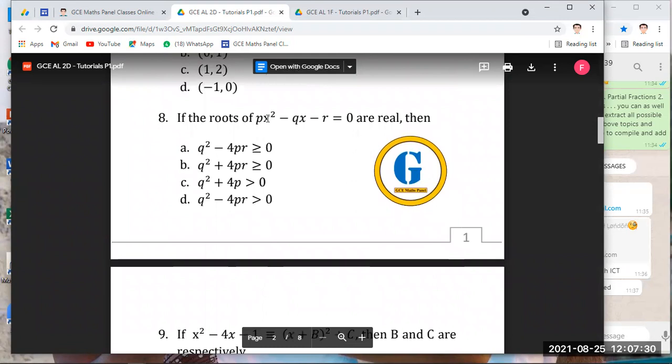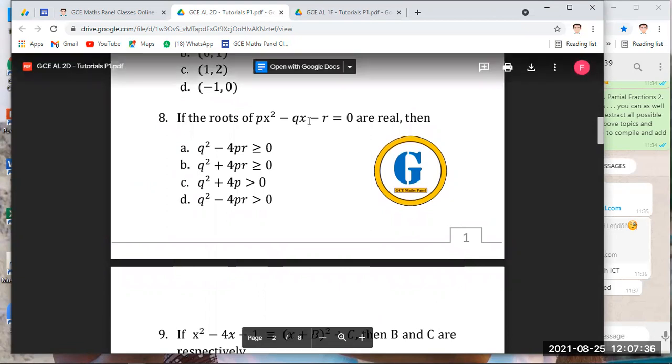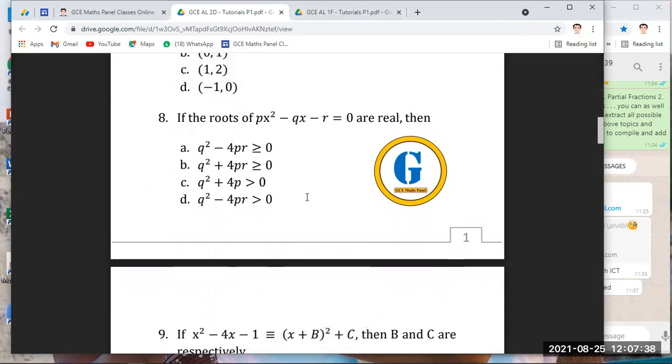So the roots of this quadratic px squared minus qx minus r equals 0, if these roots are real, then what's the condition for the roots of a quadratic equation to be real? Do you know about the discriminant?